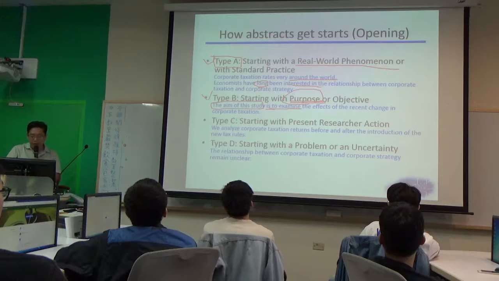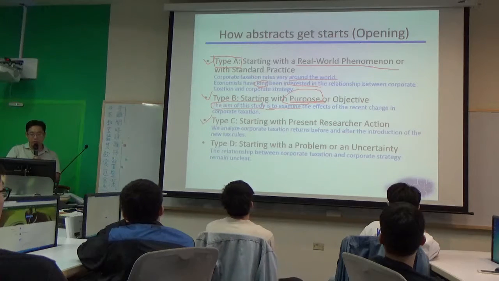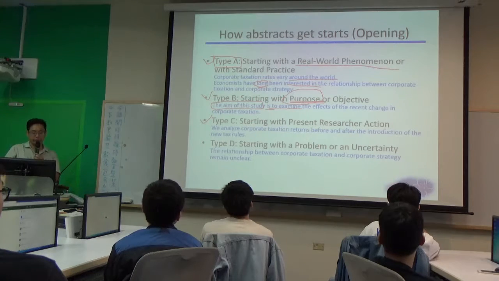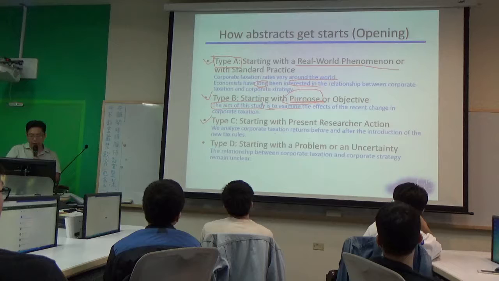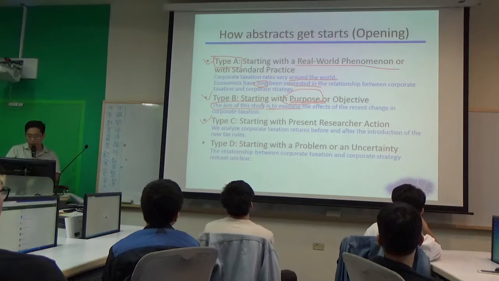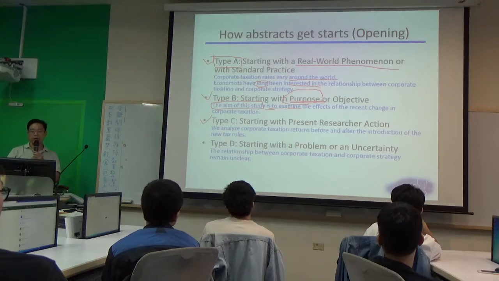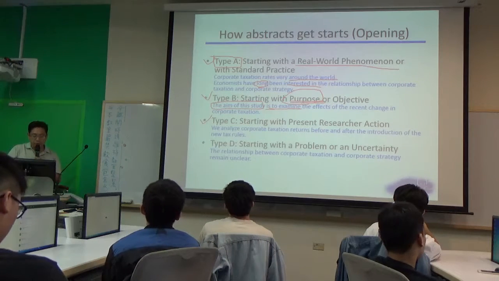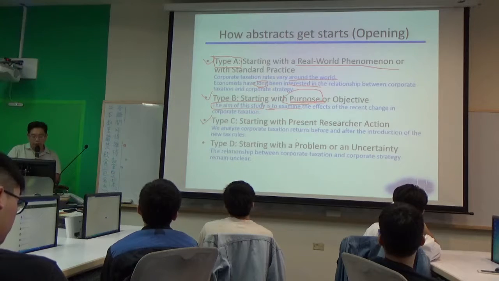Type A, type B. And type C, starting with present researcher action. We analyze corporate taxation returns before and after the introduction of the new tax rule. Okay, so it means they already did some research. This is very similar to, I think, close to move 3.